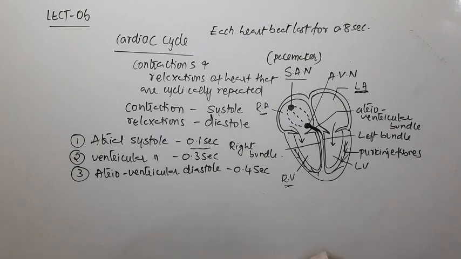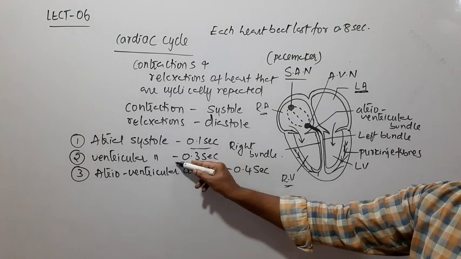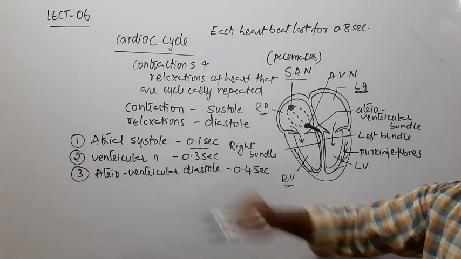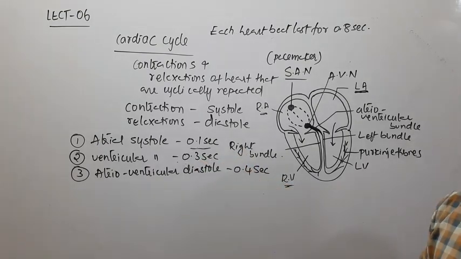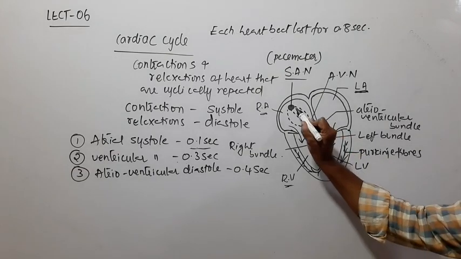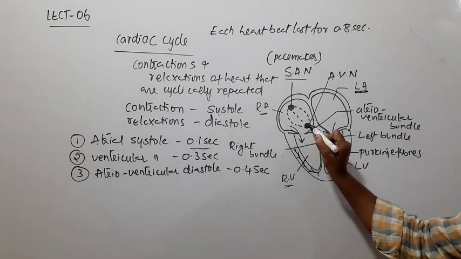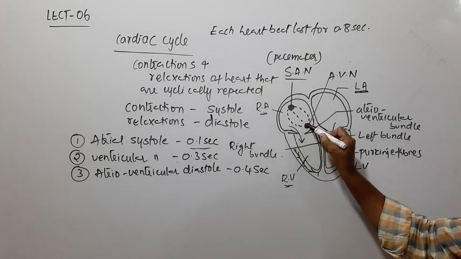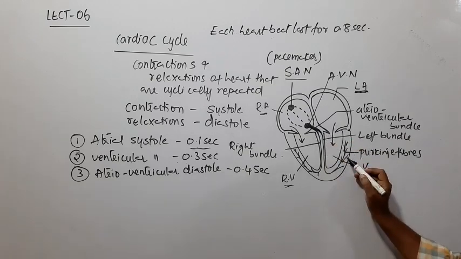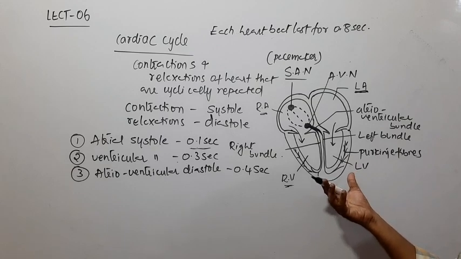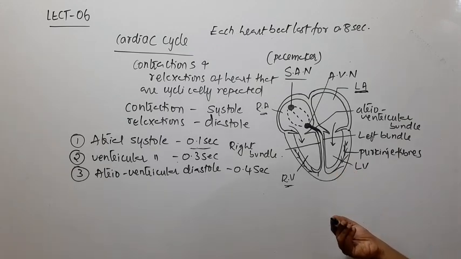The next one, the ventricular systole. The atrial systole is followed by the ventricular systole, and when the ventricular systole is taking place, the action potential reaches the AV node, and passes through the left bundle, right bundle, and then finally to the Purkinje fibers, and this results in the contraction of the ventricles.